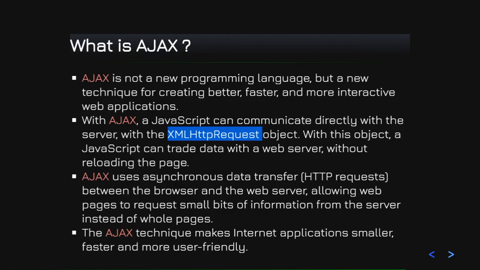Ajax uses asynchronous data transfer, so HTTP requests, allowing the web server to pass small data to the browser, and while the user does whatever he wants with the currently loaded document, additional data is loaded in the background into the current document.